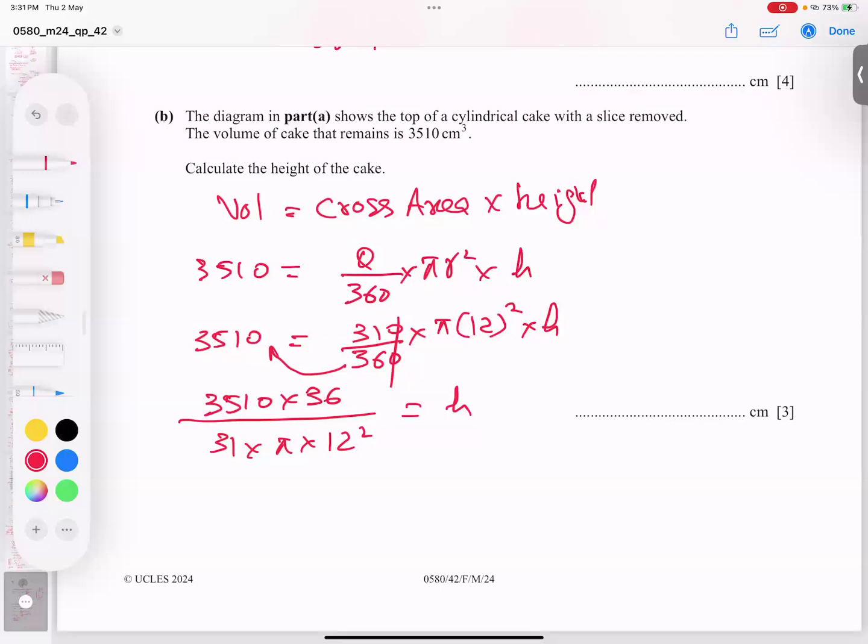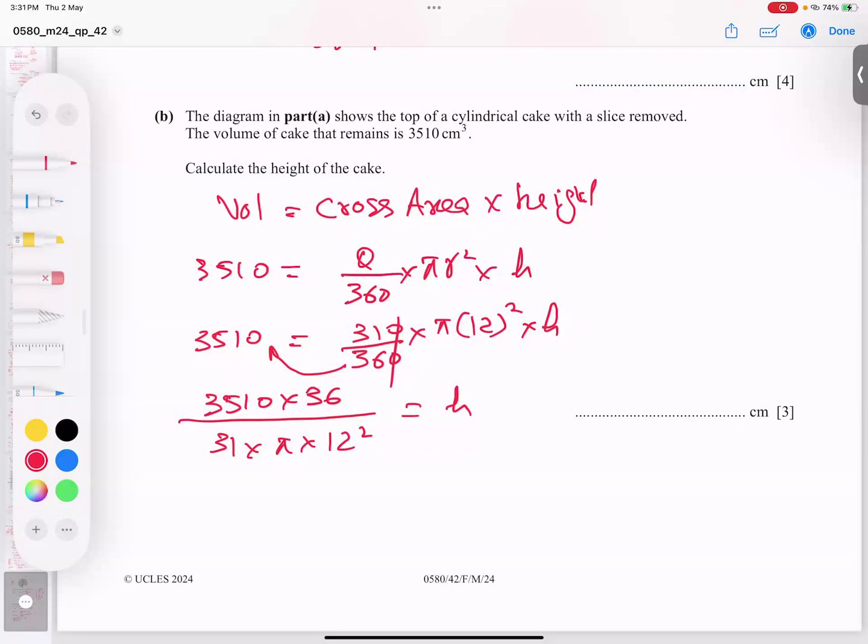Okay, students, now I'm typing in the calculator in fraction form: 3510 into 36, divided by 31 into pi into 12 square.